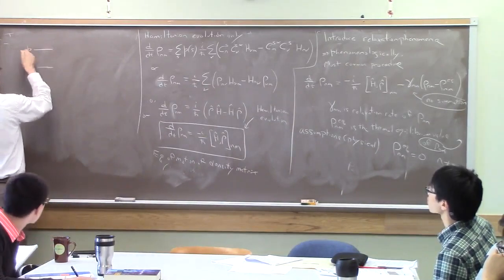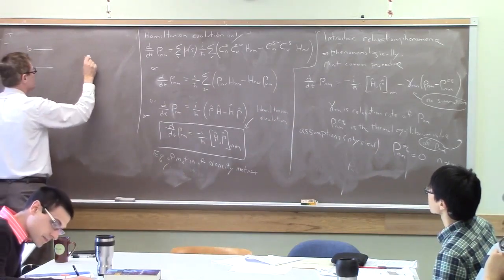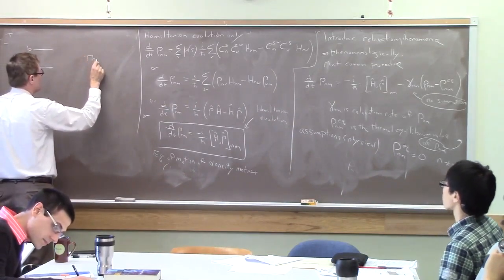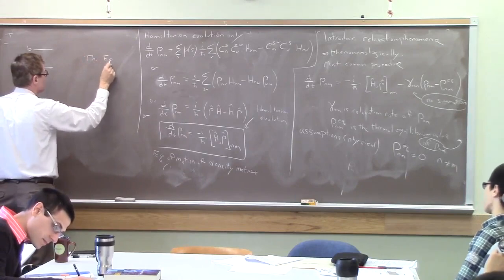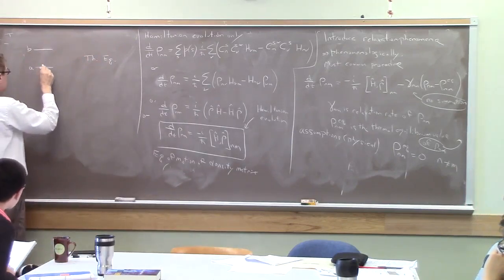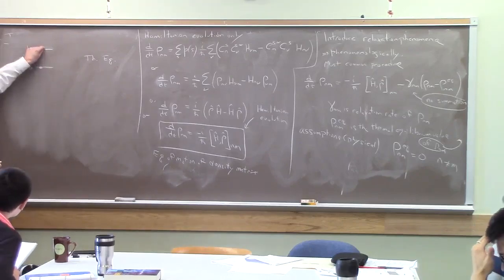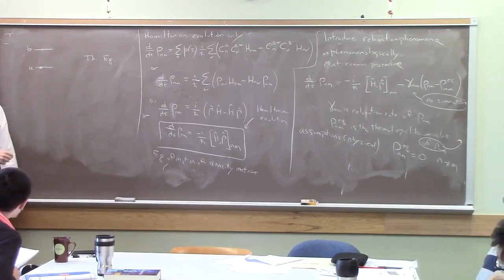Here's an atom with levels A and B, and we are in thermal equilibrium. If the temperature is high enough, you could imagine that some population will be up here. How much? I'm testing you on your undergraduate statistical physics.